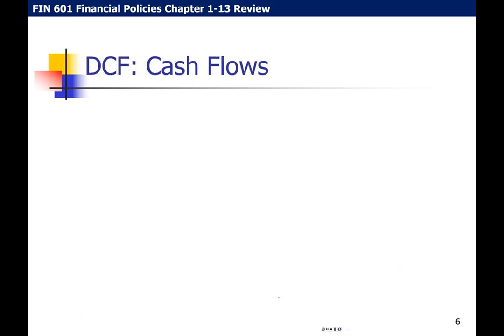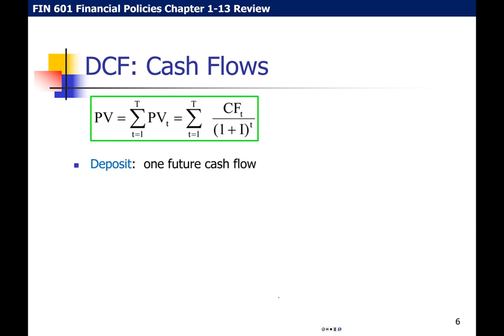And nicely, our cash flows can come in very different patterns, and some of the patterns have an easier way to compute. Okay, same formula, and the simplest case is a deposit. We're depositing something today, and we're expecting one future cash flow when we withdraw our deposited money. So you just discount that cash flow by the discount rate over the number of periods between today and the time of the cash flow.